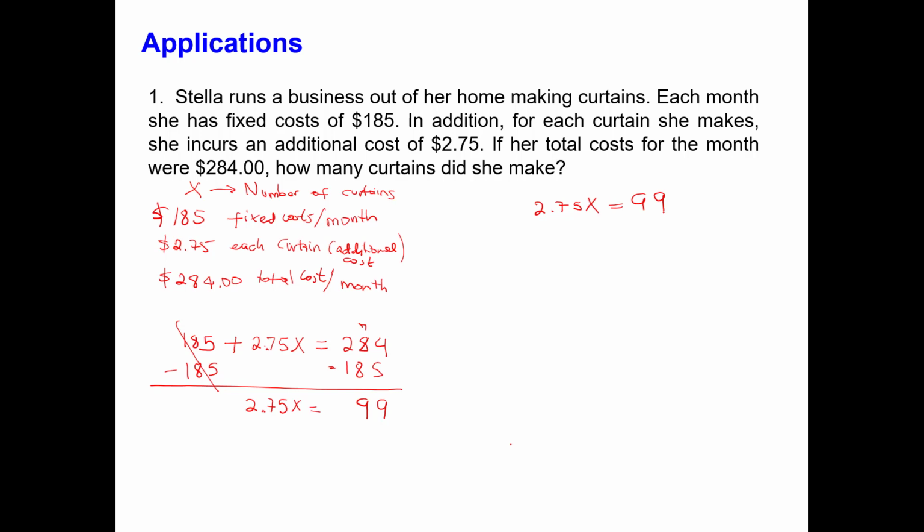Now we need to solve for x. We need to divide by 2.75 on both sides. Cancel out this one, and to get the answer we need to divide 99 by 2.75.